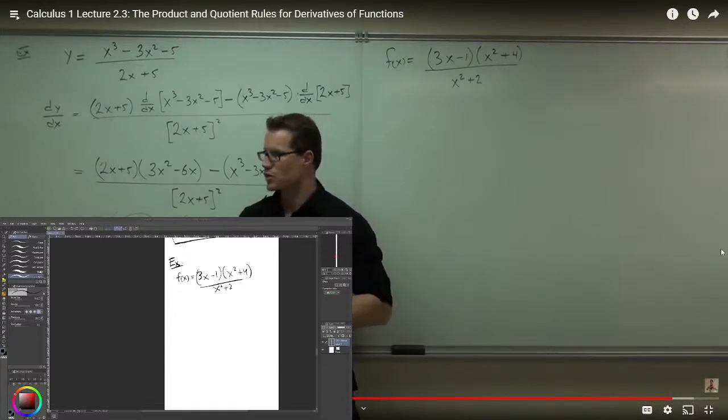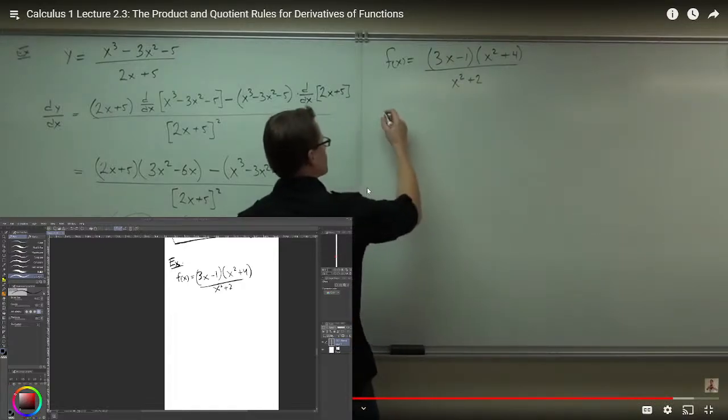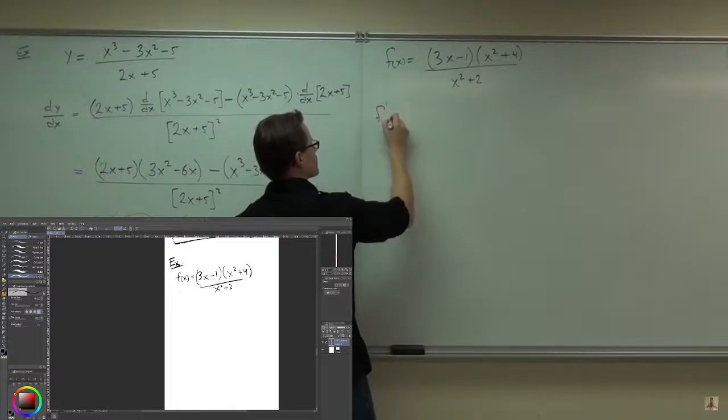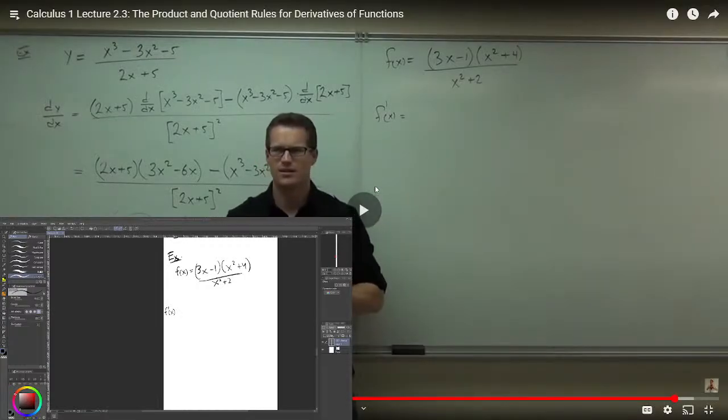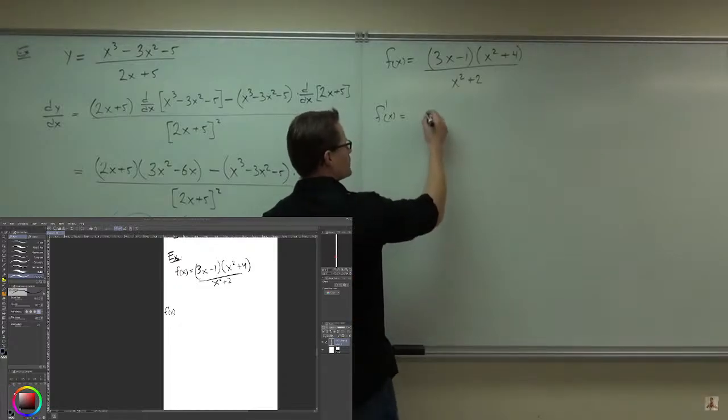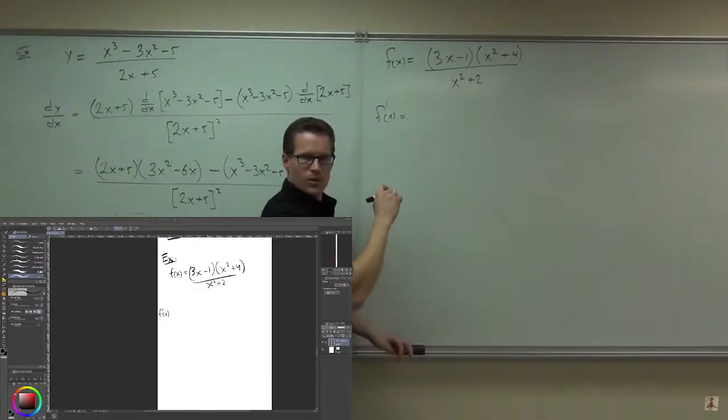Let's write out the quotient rule. What is it again? Low d high. What says my low? x squared minus... Do I do anything to the low right now? Low, then what? D high.